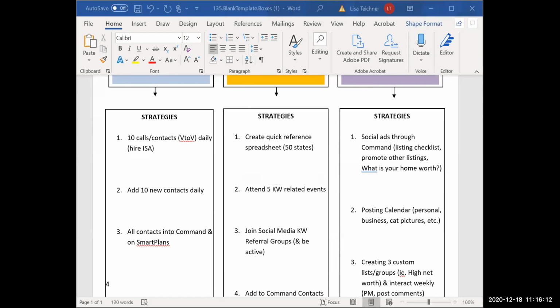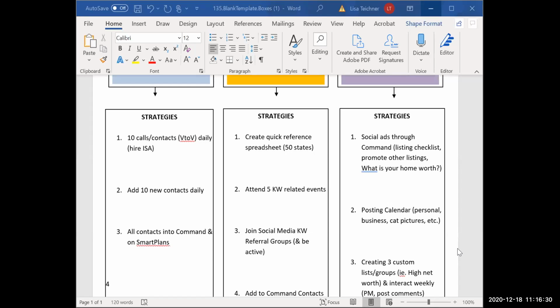Yes. Just so everybody knows, in Command, they've now made it so the smart plans are shareable. That's a really great resource, because you don't actually have to create the smart plans if you don't want to.